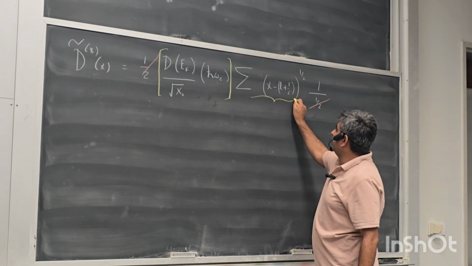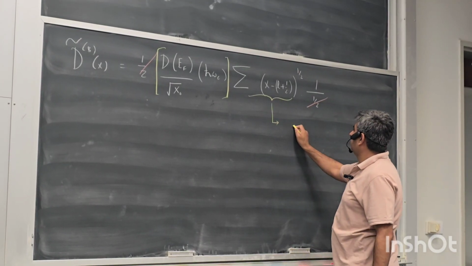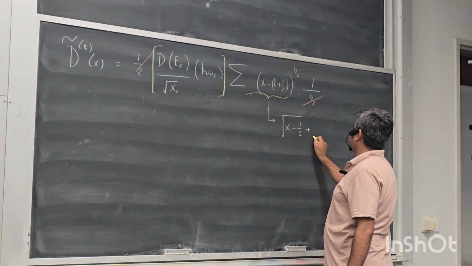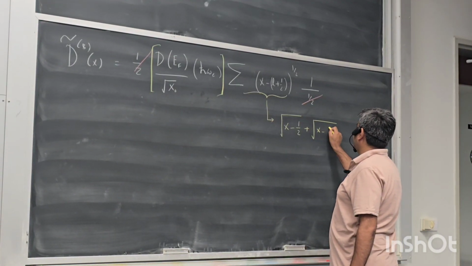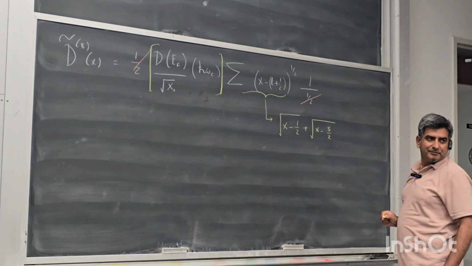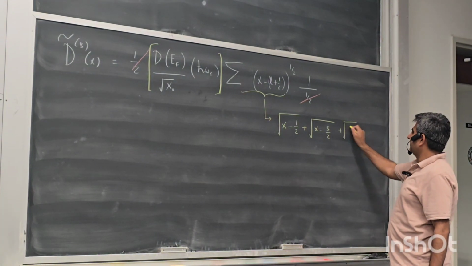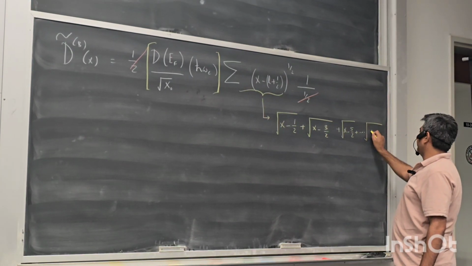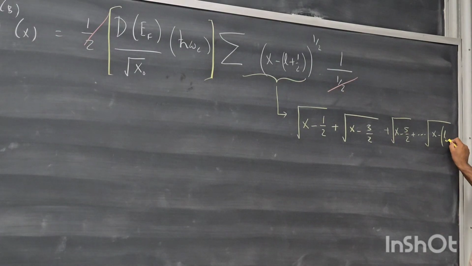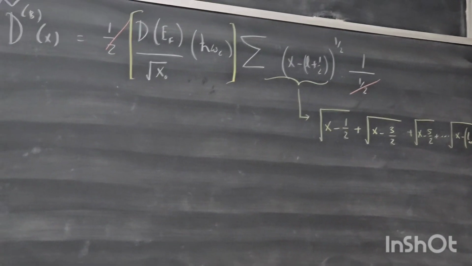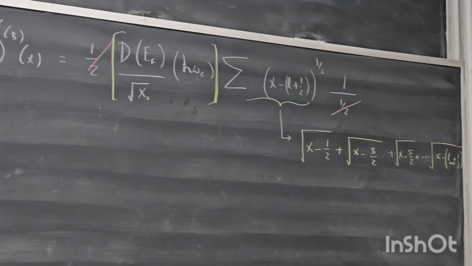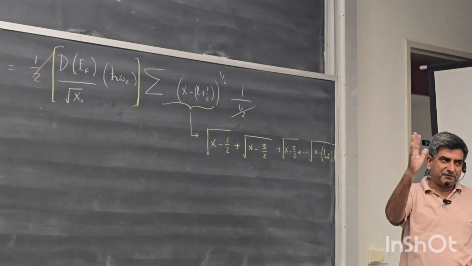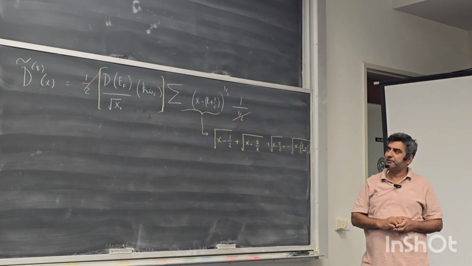So this object really is equal to x minus 1 half plus x minus 3 by 2 plus x minus 5 by 2 up till some x minus L max by 1 half. Okay, and L max is determined by the Fermi energy, which changes very slightly by the application of a magnetic field.